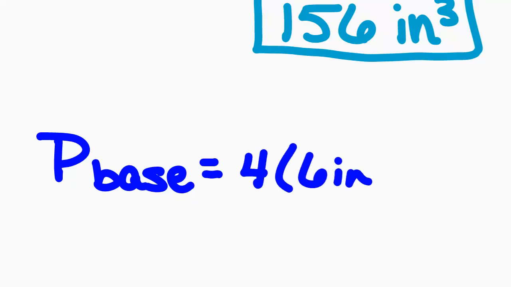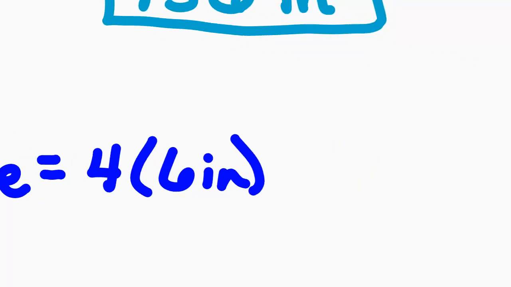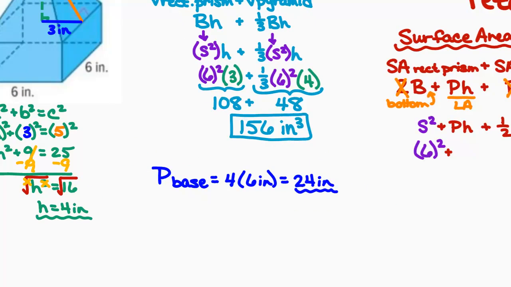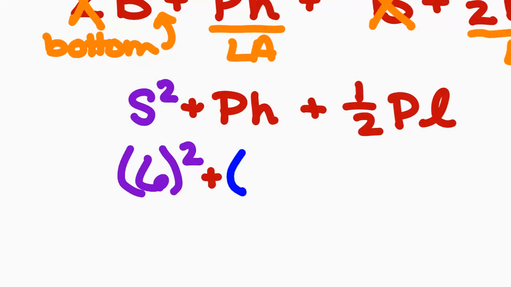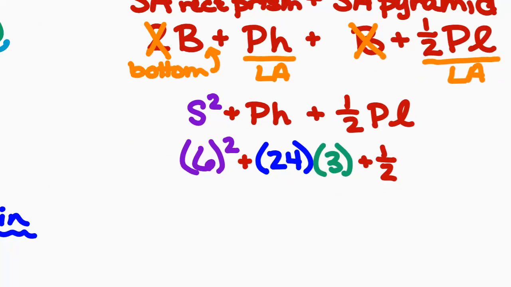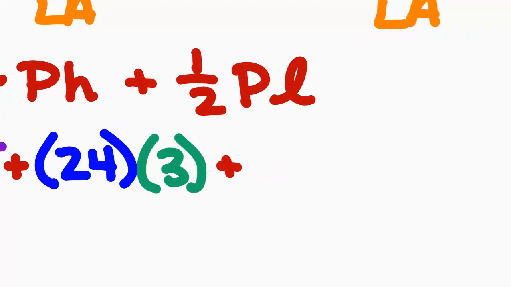Each side is 6 inches, so that means a perimeter of what? 24 inches. So 24 times the height of the prism. What is the height of the prism? 3. Plus 1/2 the perimeter of the base of the pyramid. What's the perimeter of the base of the pyramid?